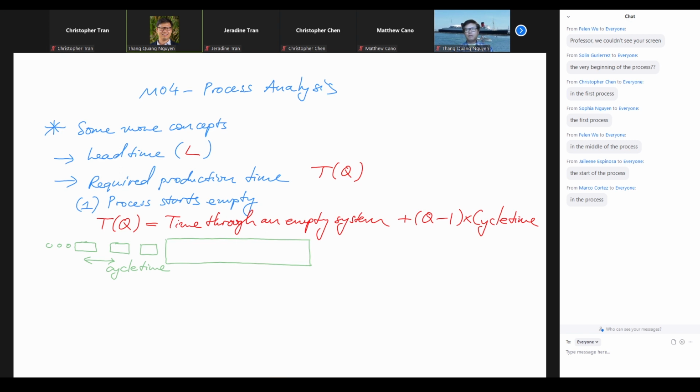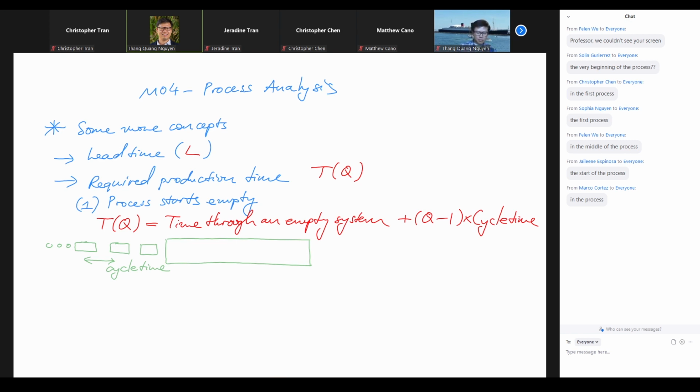Let me scroll up. So here's the thing. If you look at this line, it has a string of pizzas connected together.